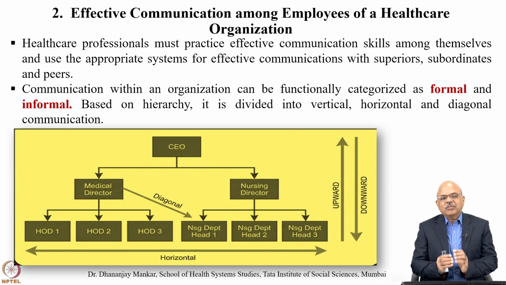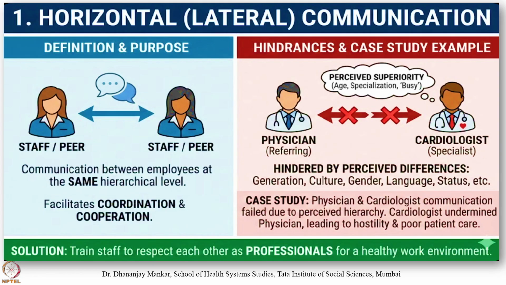It creates an impression on healthcare providers when they communicate with each other, and it is based on the trouble they face because of the hierarchy. It is divided into vertical, horizontal and diagonal communication to make it clearer.